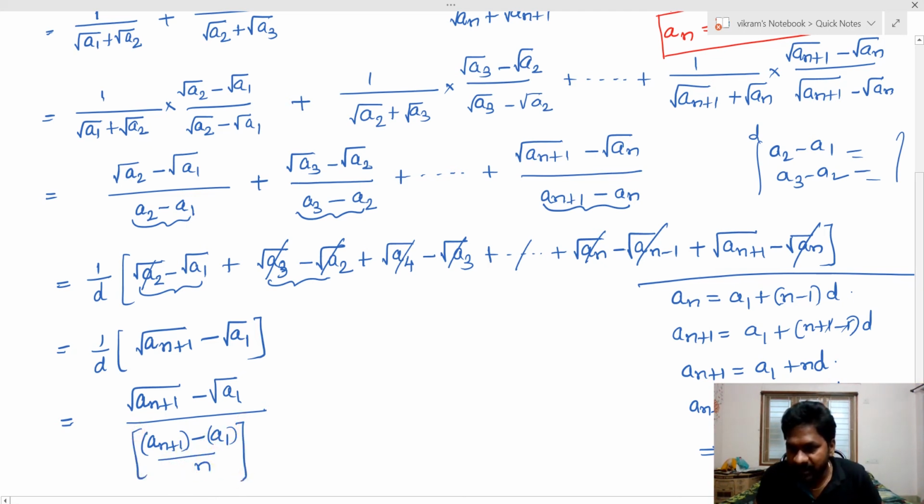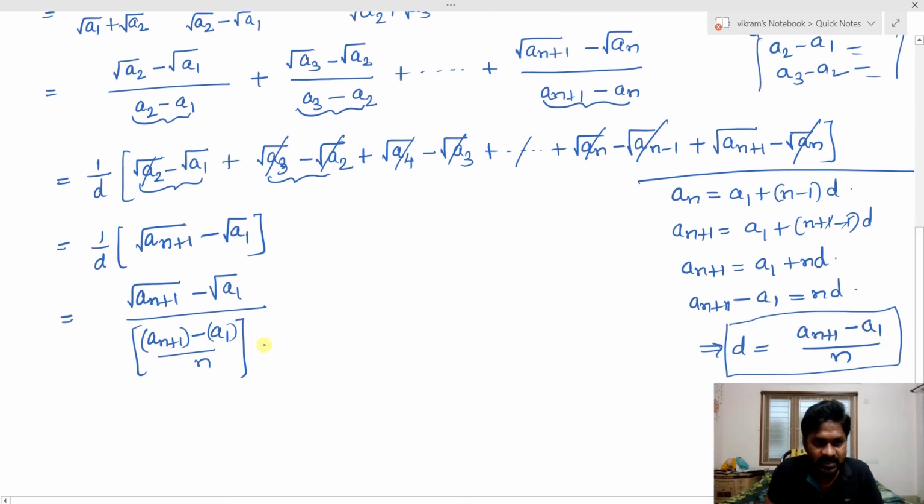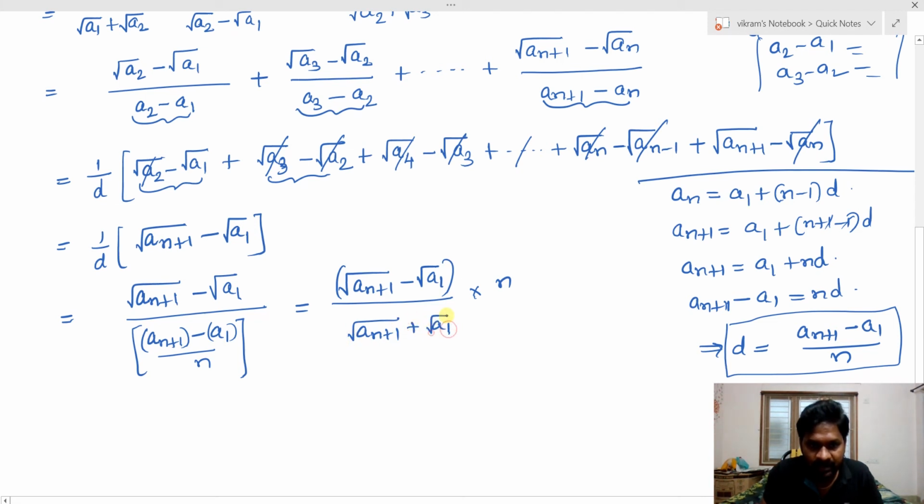Now if we further simplify this, we get square root of a n plus 1 minus square root a1 by, now we'll get n into, a n plus 1 minus a1. We can write this as square root of a n plus 1 plus square root a1 into square root of a n plus 1 minus square root a1.